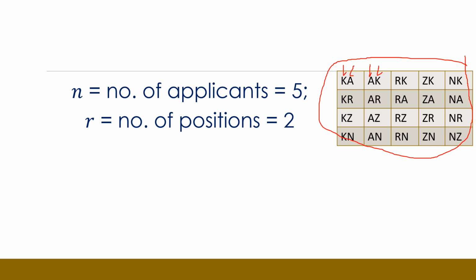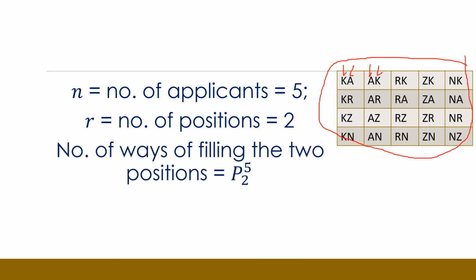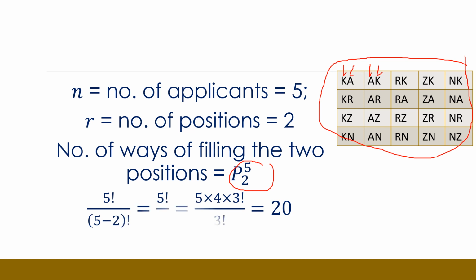So the number of ways of filling these 2 positions is given by 5 permutation 2, which when we use a calculator will give us 5 over (5 minus 2) factorial. And cancelling this out, we get the answer is 20, which is the same as what we got when we used the table.